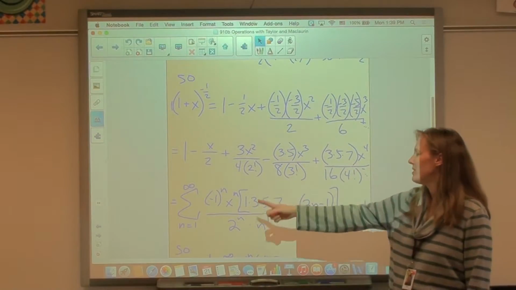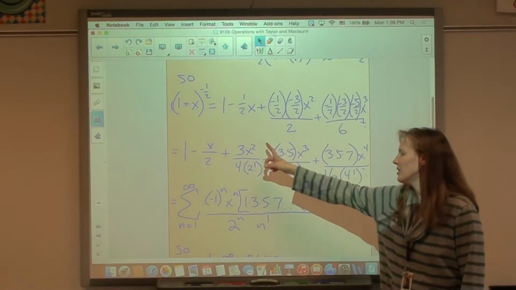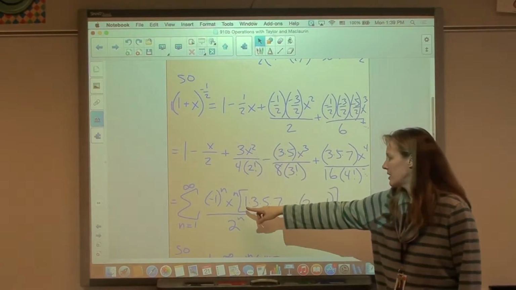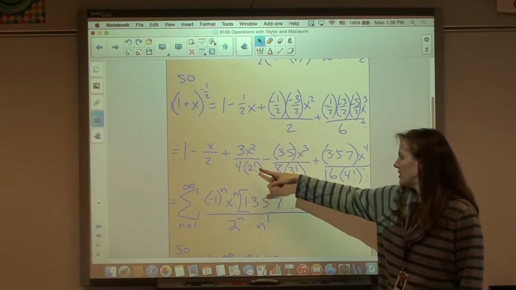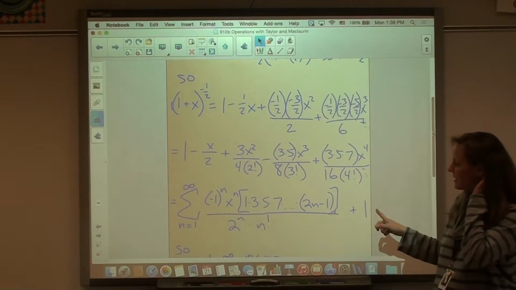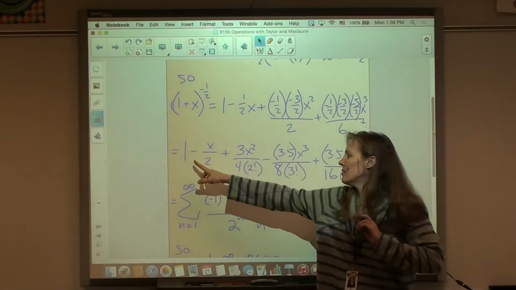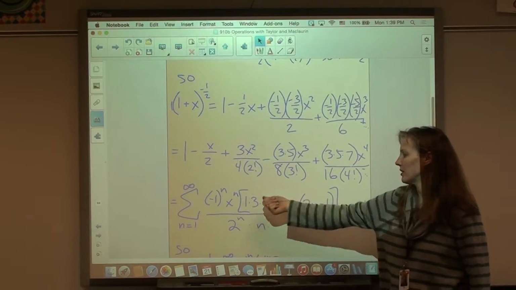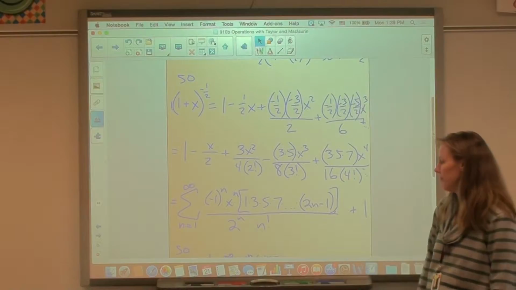So you end up with these funky little series within the series. The negative 1 to the n is fine, the x to the n is fine, the 2's become a 2 to the n, and then the n factorial is fine. The plus 1 has to be for that first term because it doesn't fit in here, so you have to put it on the outside.